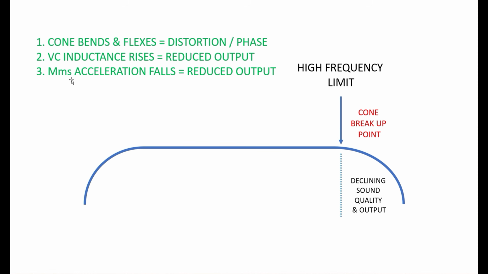The motor is trying to accelerate and brake the cone faster than it's capable of, so you start to get reduced output. And of course, as we talked about earlier, inductance rises with frequency, which means that for the same power, the voice coil is becoming more resistant to current direction changes, and therefore you get reduced output as well, right? So all of this is happening as you approach and pass this high frequency limit.